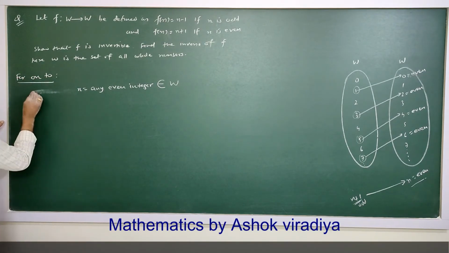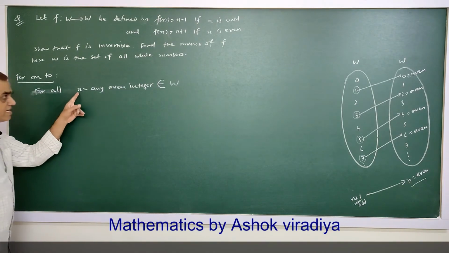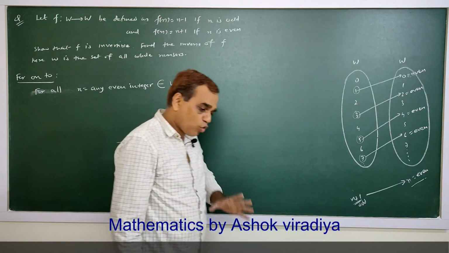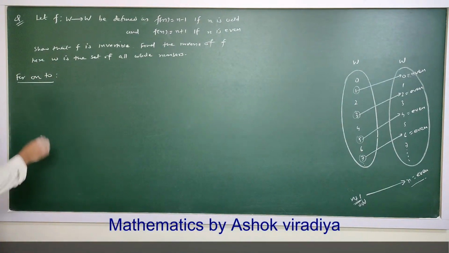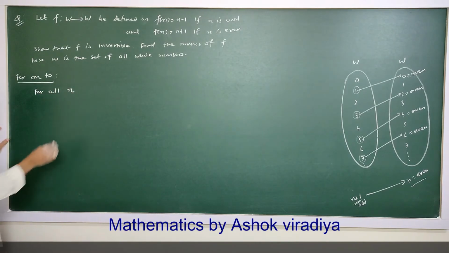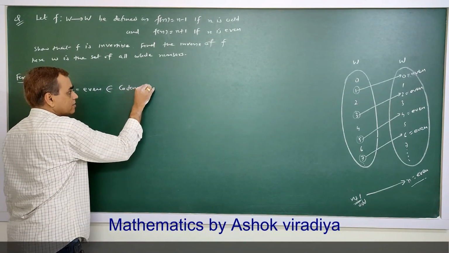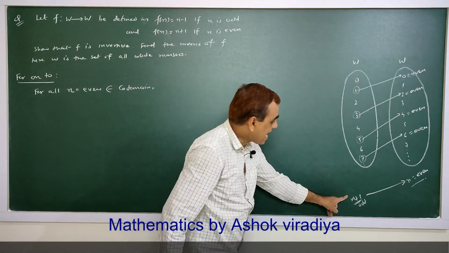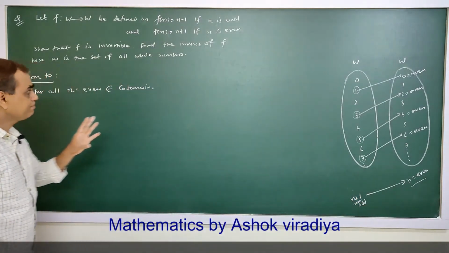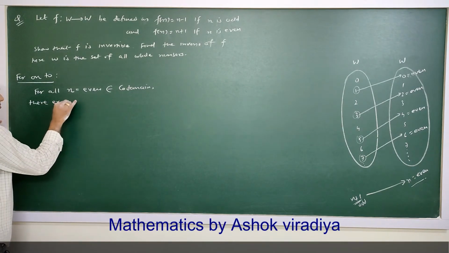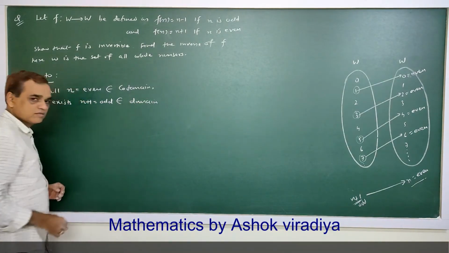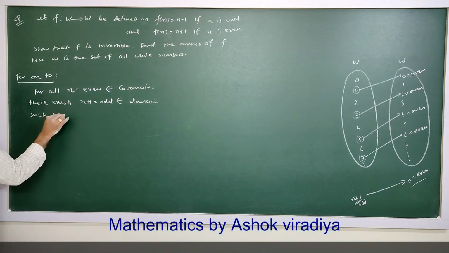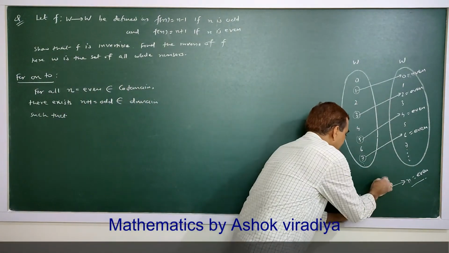So for all such n, for all evens which are in the codomain, correcting this statement: for all n equal to an even integer belonging to the codomain, there exists n plus 1, which is odd, in the domain, such that the image of n plus 1 under f is n.